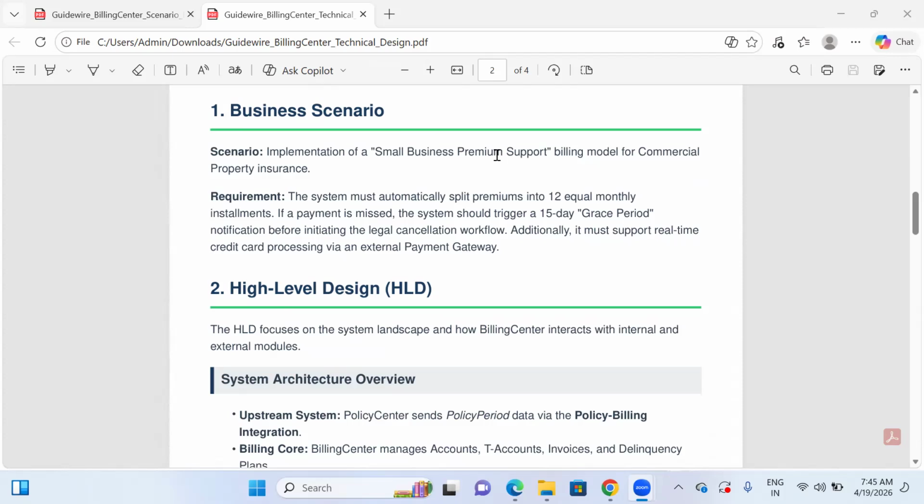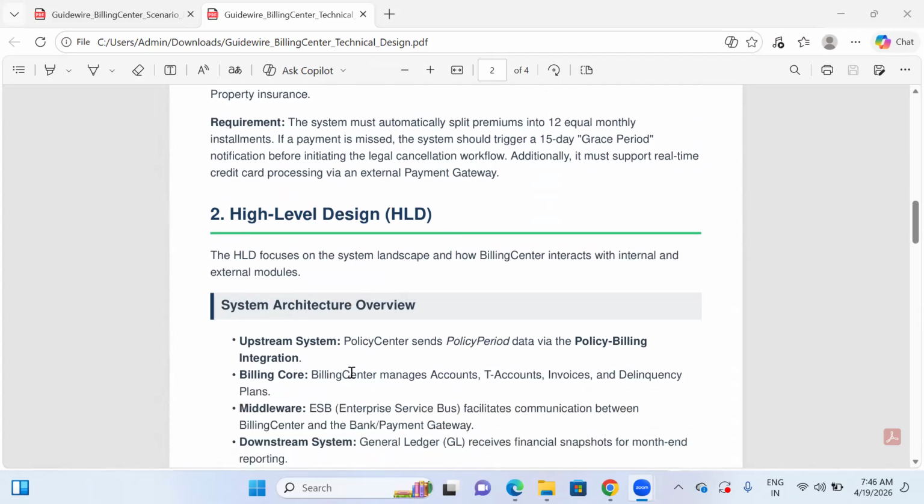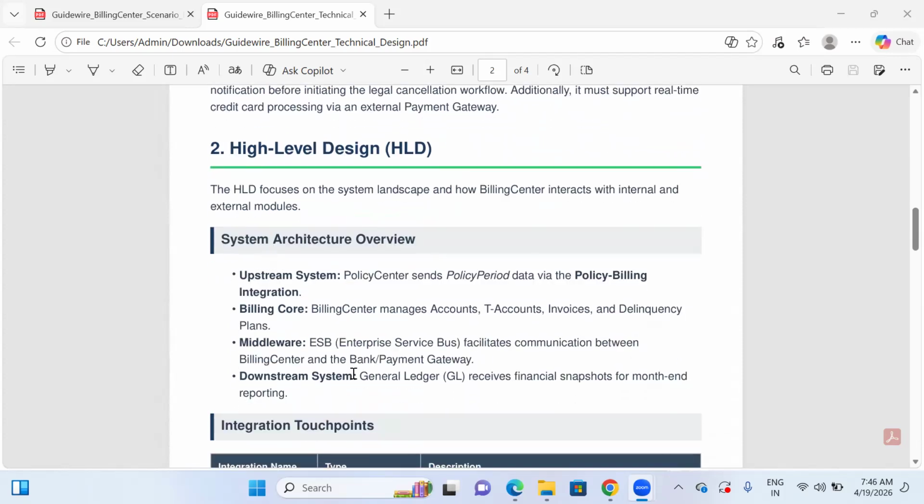Now, for this, what should be the high-level design? From a technical perspective, understanding the technical design of the application is important. Here we must know the system architecture. These are the different system architecture points we need to know.